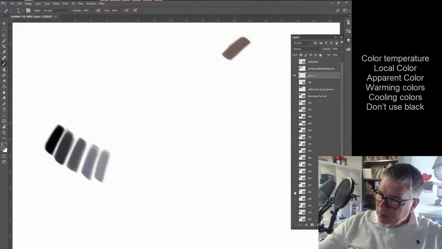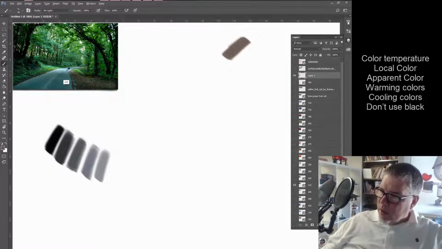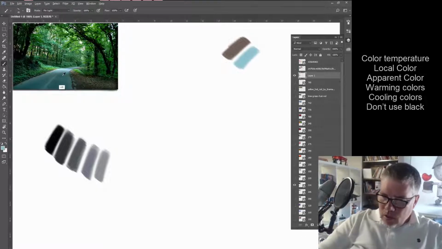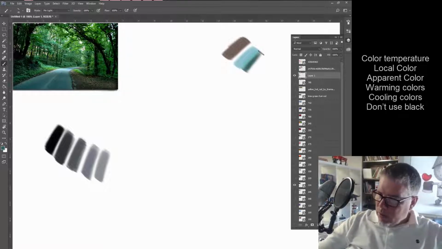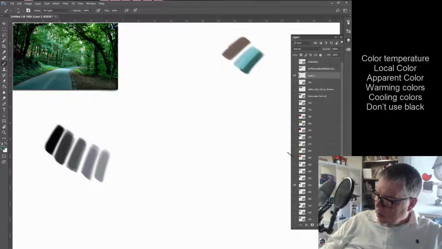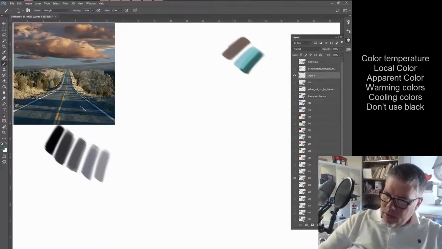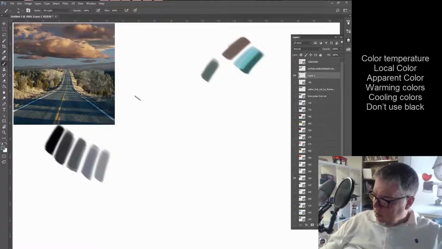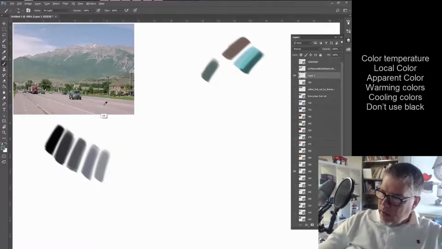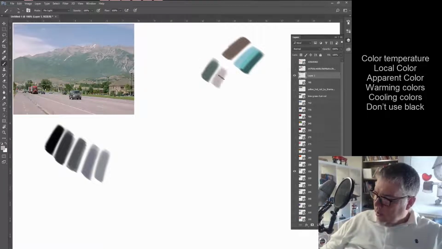We'll grab a little bit more there. Here's some more colors of blacktop. And we can see that on any given day, blacktop can be almost any color you can think.